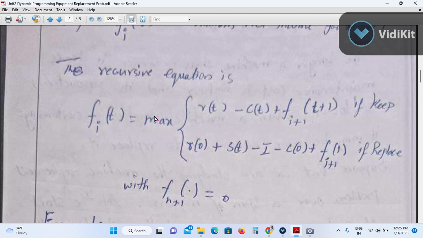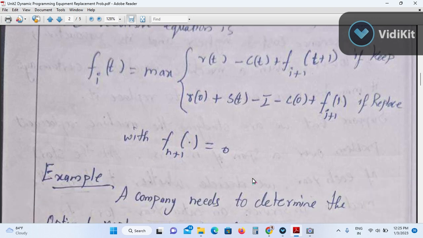So as usual, at i equal to n, the initial state may be assumed to be 0.